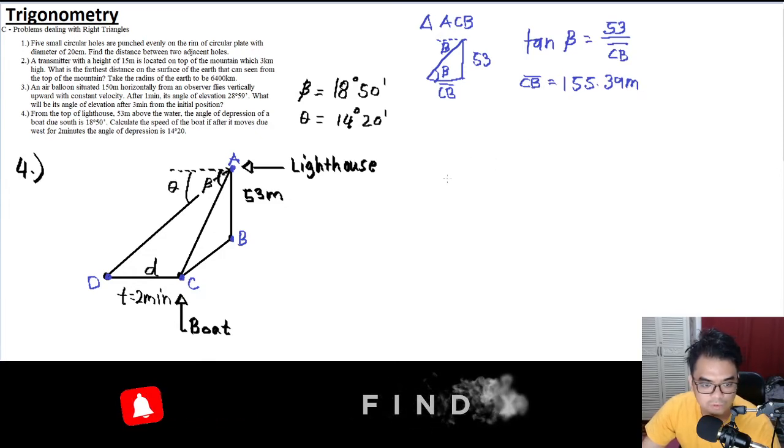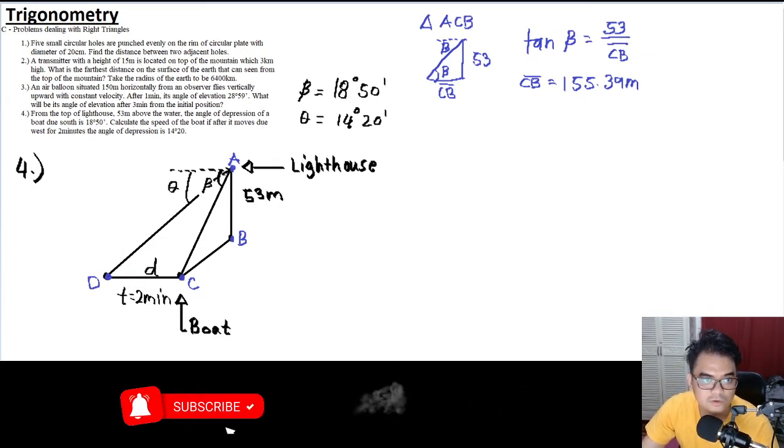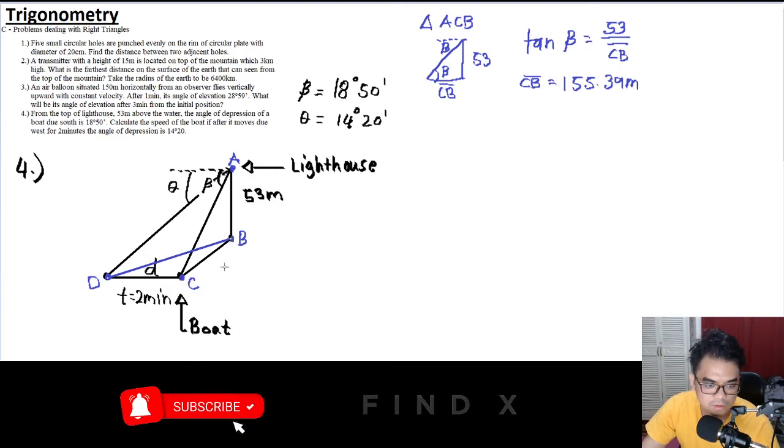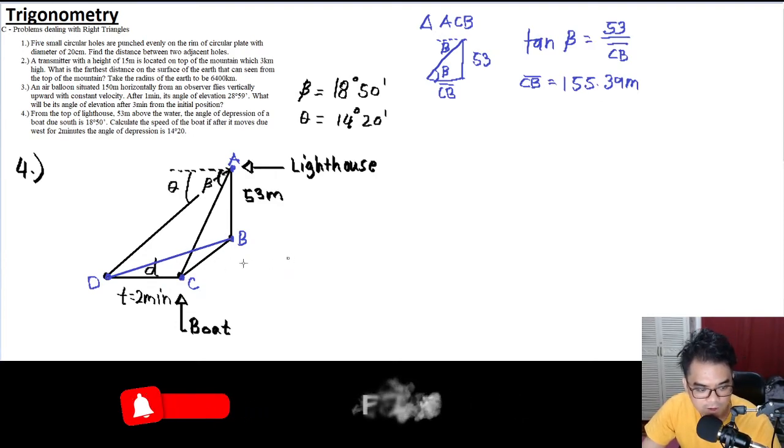Because what we want to do is, that's why we're computing for CB. If you connect this line, if you look at the triangle, that will be the ground.